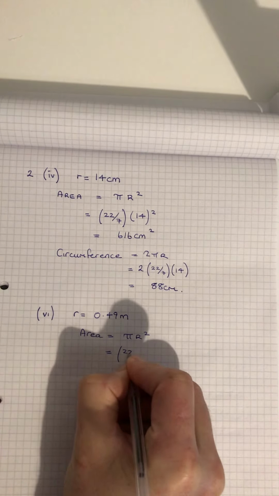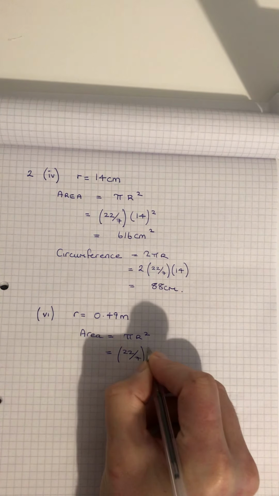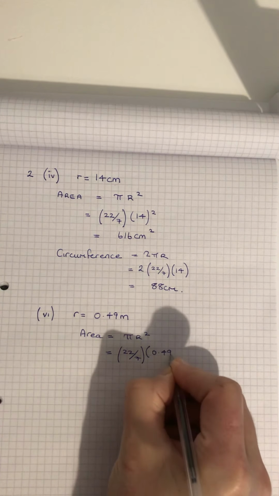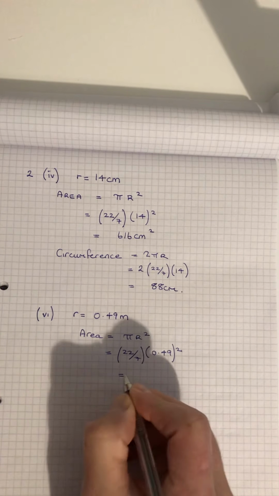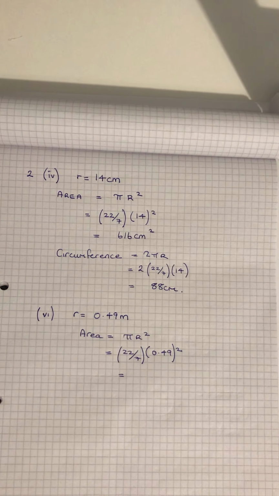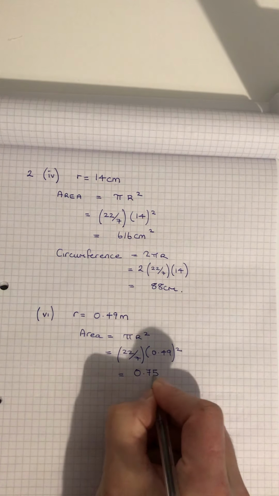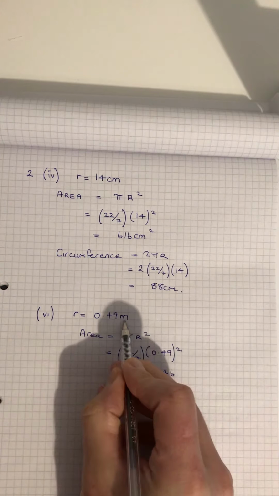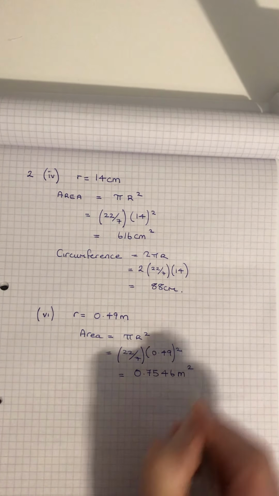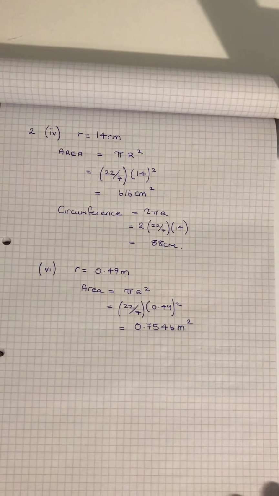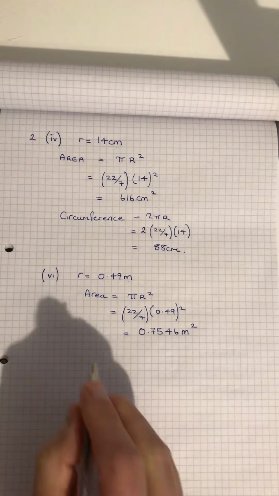Pi we know is 22 over 7 and the radius is 0.49 squared. So again, use your calculator. 22 over 7 multiplied by 0.49 squared, and you get 0.7546, and it's in meters squared. So area will always be in meters squared.